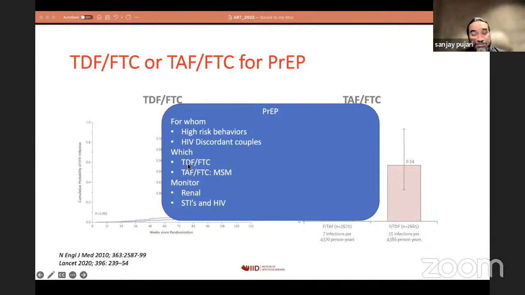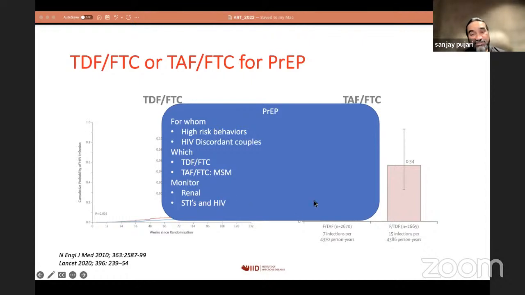Which PrEP is used? TDF-FTC can be used for all groups. TAF-FTC currently is only recommended for the MSM population because it has not yet been studied in the heterosexual population. Once somebody is on PrEP, which is supposed to be taken daily, you need to monitor renal function if the patient is on TDF, and also look for other STIs and do HIV screening every 3 months.